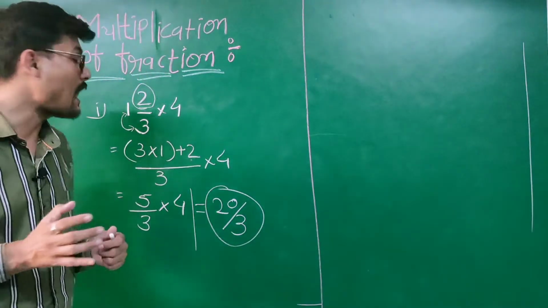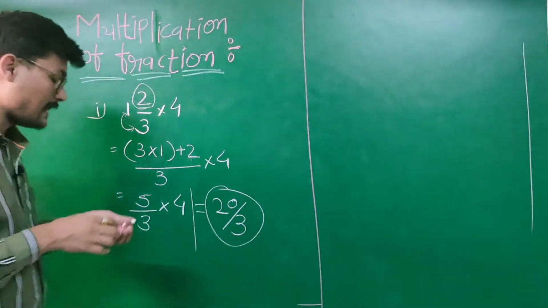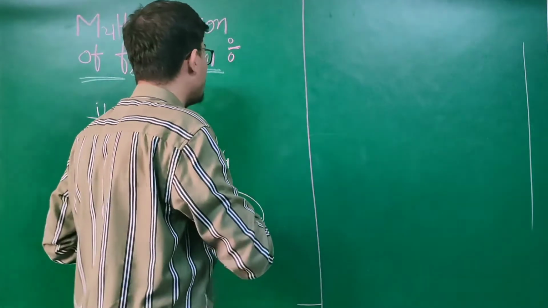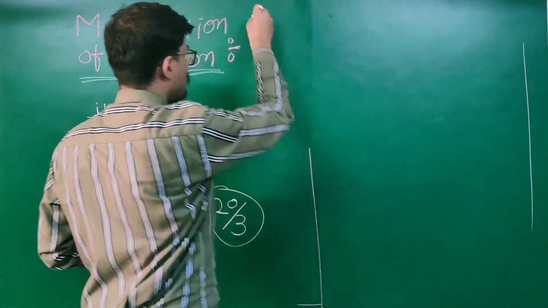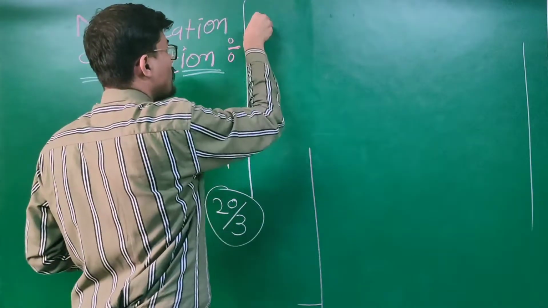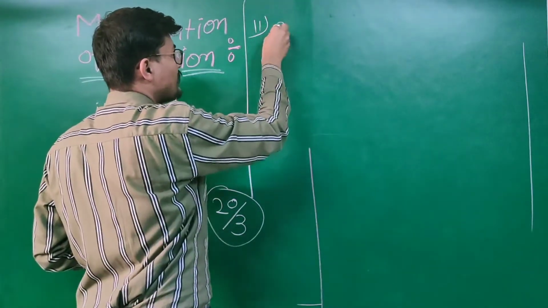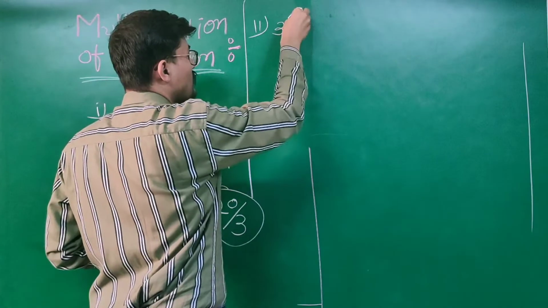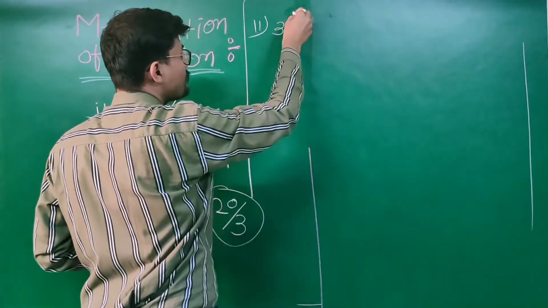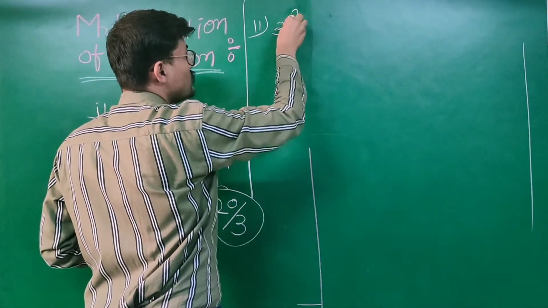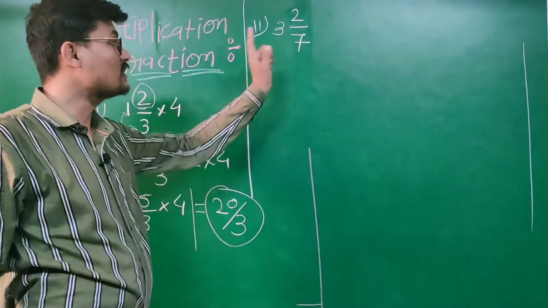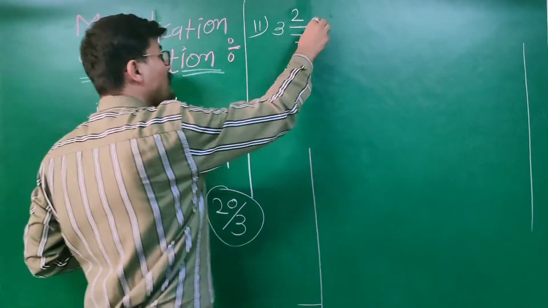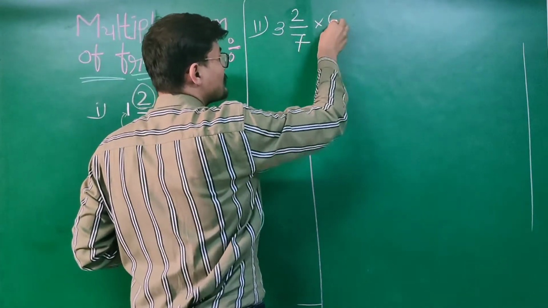Now we are taking one more example, so you can clear your doubts about how to multiply an improper fraction. Let's see, example number 2. Suppose we are taking 3 and 2 upon 7, and I multiply by 6.